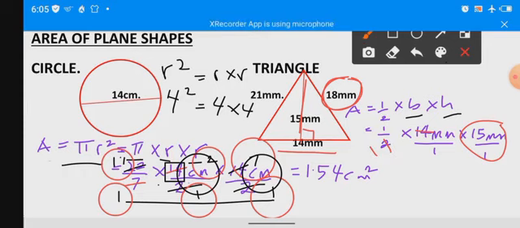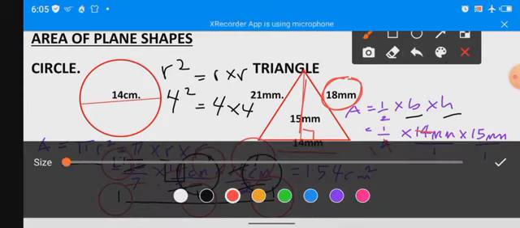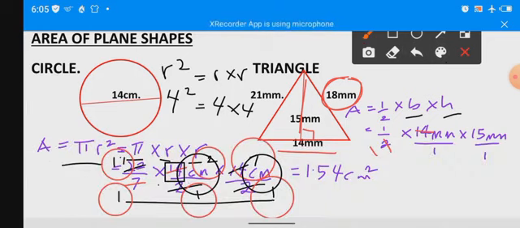I said we divide before we multiply. So 2 will divide this 14: 2 in 2 gives you 1, and 2 in 14 gives you 7. There's nothing to divide again.